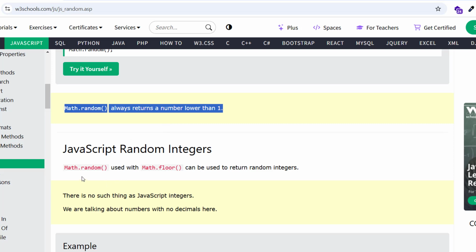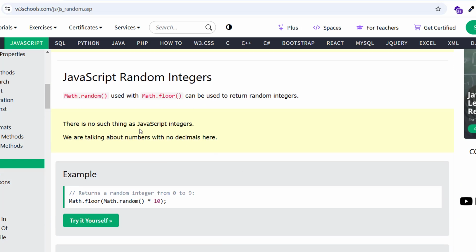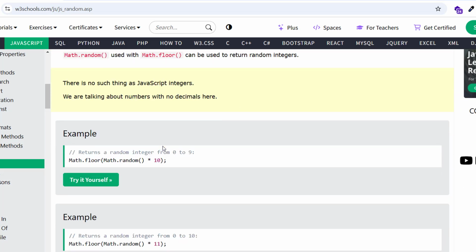JavaScript random integers: Math.random used with Math.floor can be used to return random integers. There is no such thing as JavaScript integers; we are talking about numbers with no decimal here.